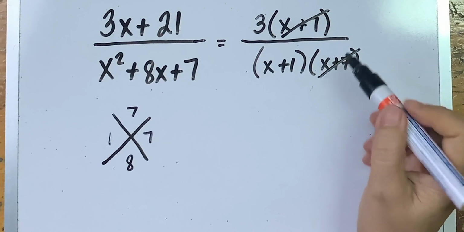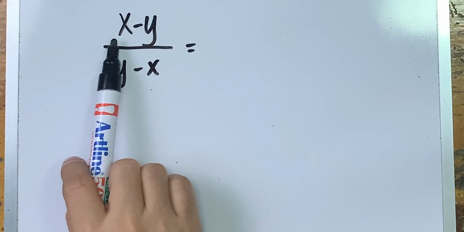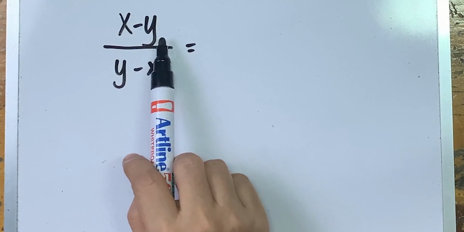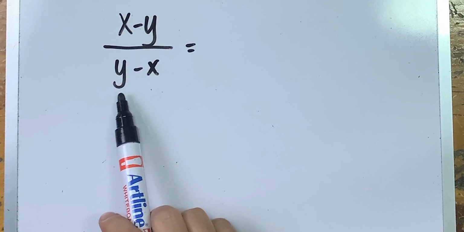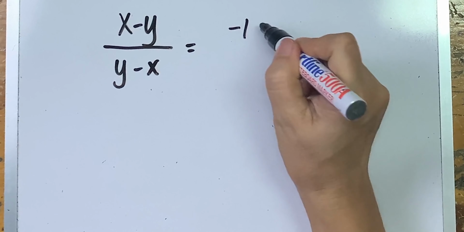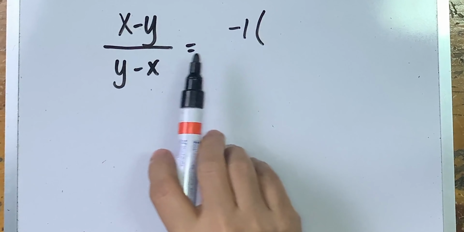Let's take this as another example: x minus y over y minus x. You notice that x is positive in the numerator and negative in the denominator. Same with y. y is negative in the numerator and it's positive here in the denominator. So let's multiply the numerator by -1 and find out how we will arrange the binomial.